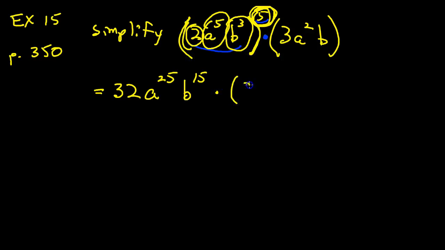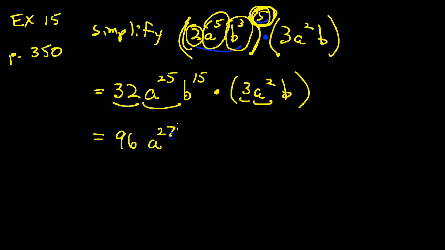Don't forget we've got to multiply eventually by 3a squared b. I'll apply my commutative and associative law. I'll multiply the coefficients together first. 3 times 32 is 96, times a to the 25th times a squared is a to the 27th, right?